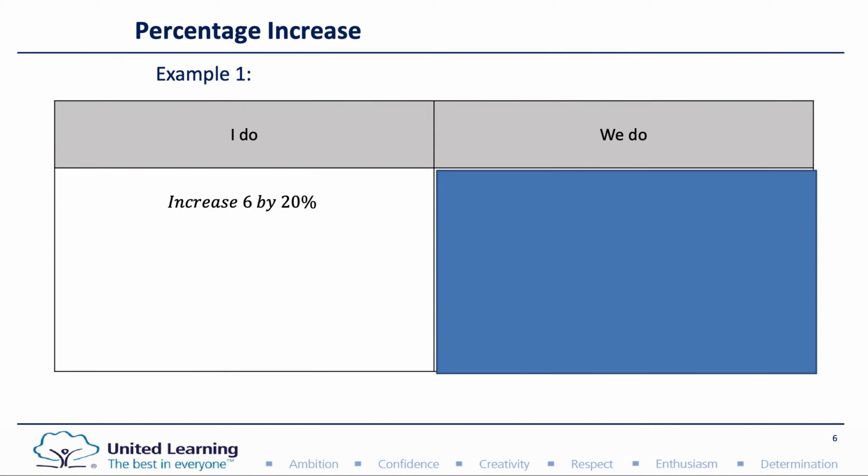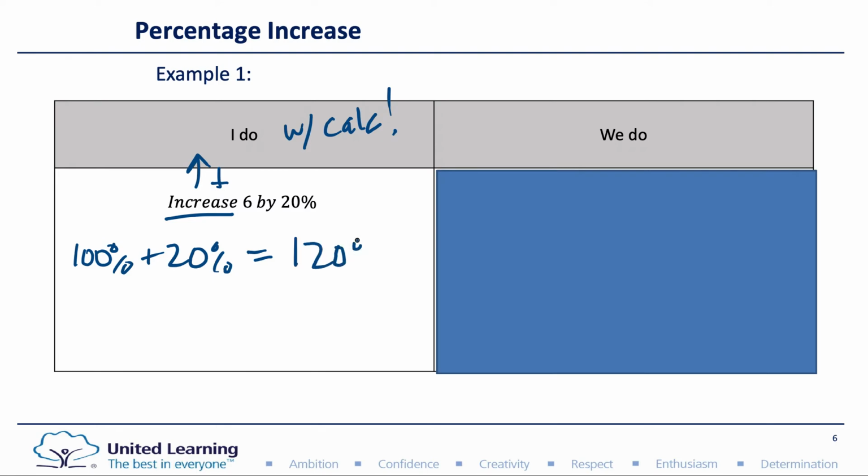So let's try one. I want to increase 6 by 20%, but again, you're using a calculator. So step 1, increase, going up or adding. So you take 100%, we're adding on 20% to get 120%. Now just like we reviewed, what is 120% as a multiplier?